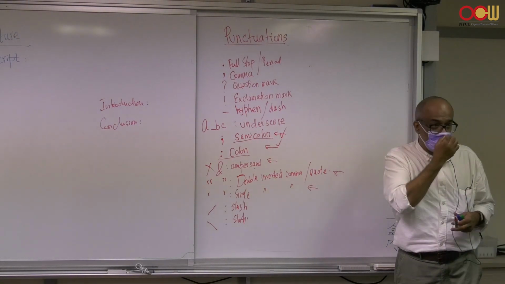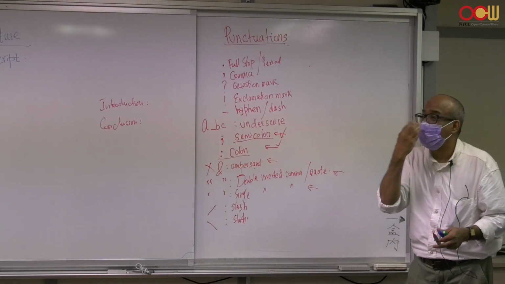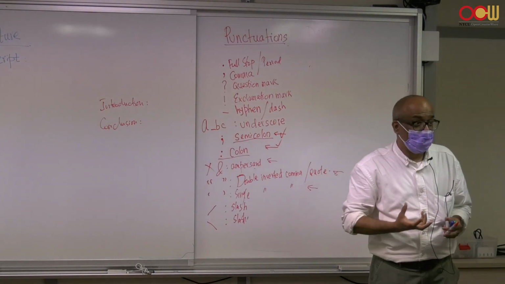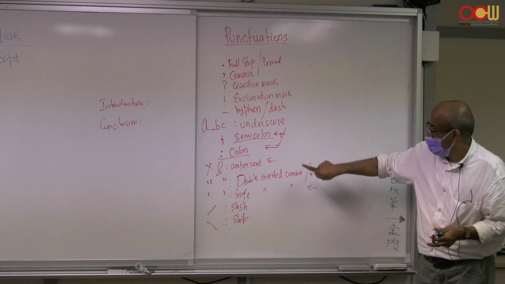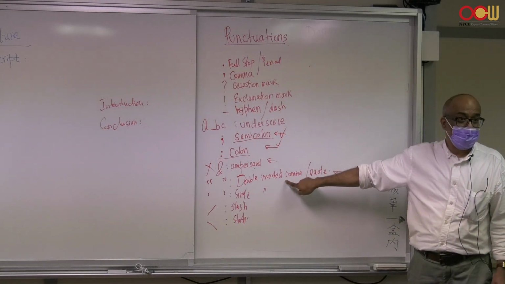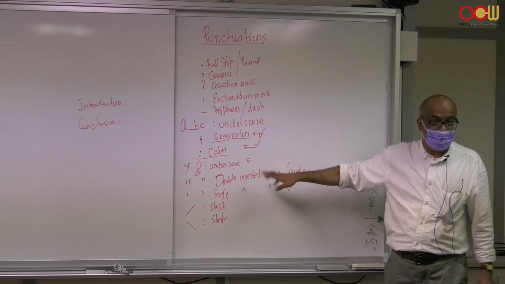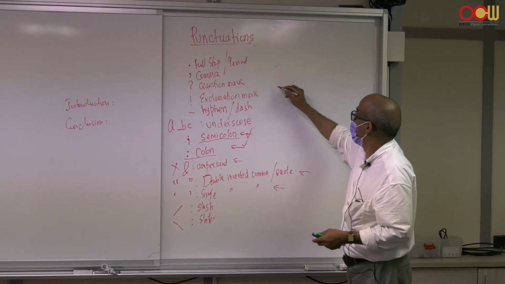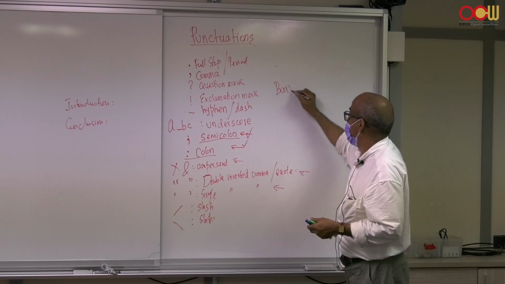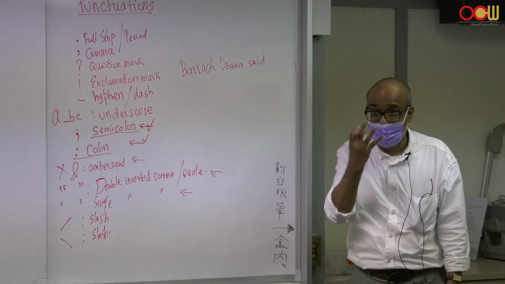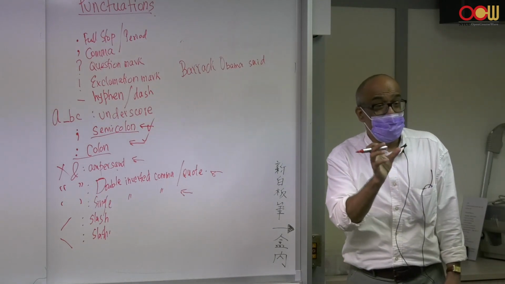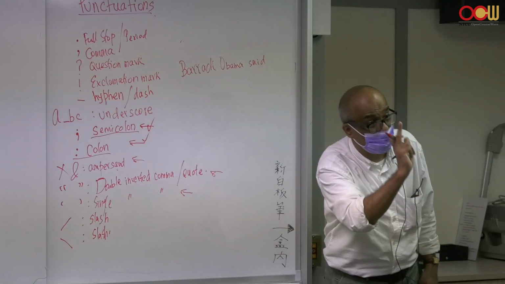If you are copying somebody's words, somebody said something, exact words, that should come in double inverted commas. Okay? So for example, if I want to write, Barack Obama said, somebody said something, and you have to use the exact words.